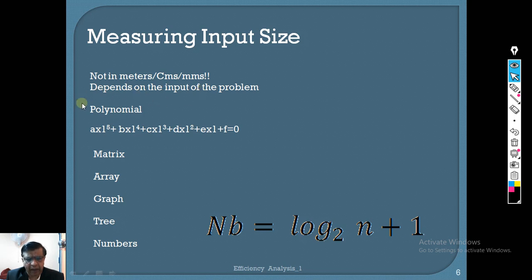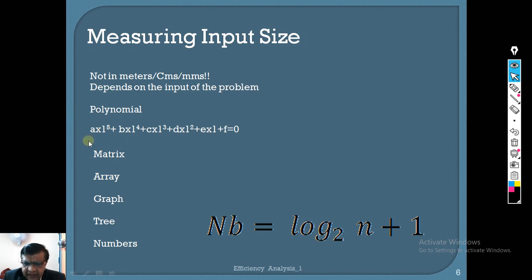If you are solving a polynomial of a certain degree n, the input is n plus 1. For example, the degree of the polynomial here is 5, therefore we need to input a, b, c, d, e and f, the constant term. These are 5 values and this is the last value, the constant. Therefore, it needs 5 plus 1 inputs. That is the input size.